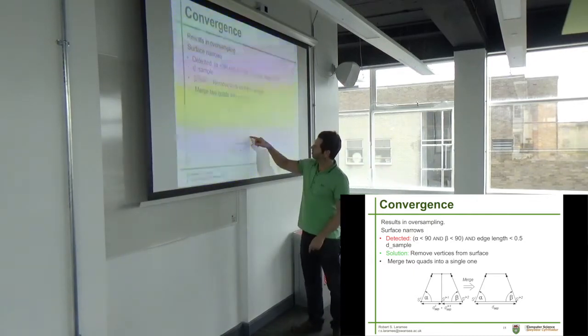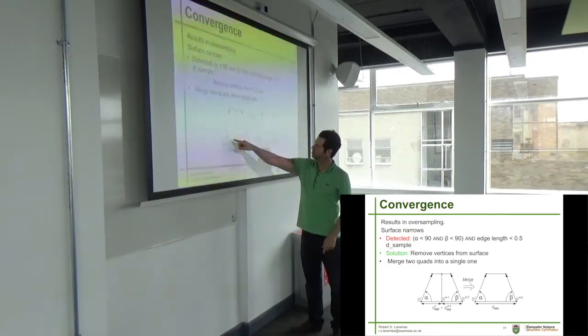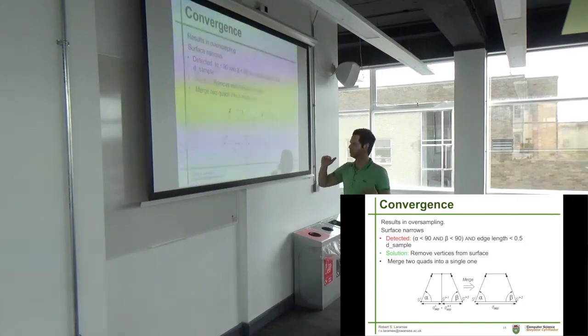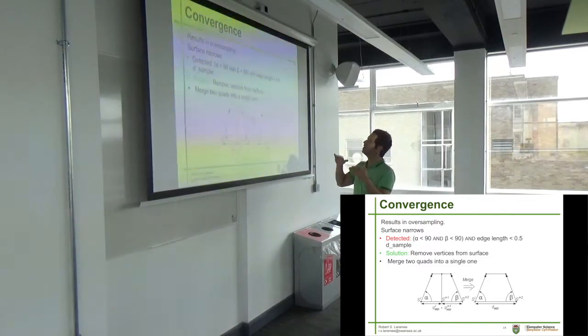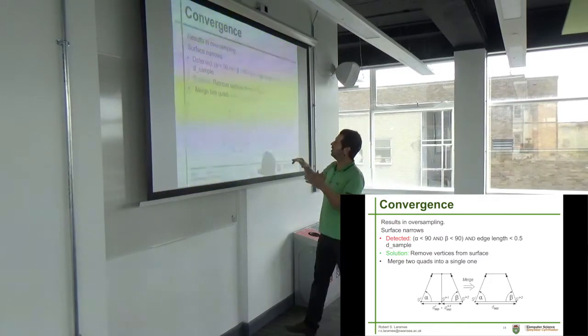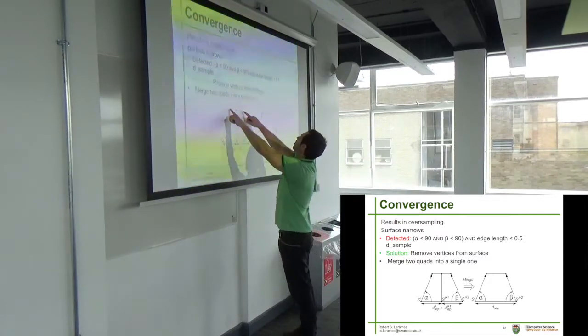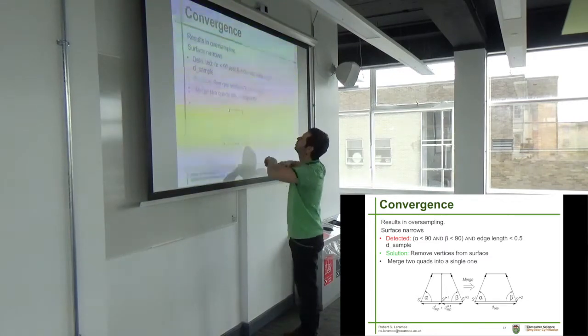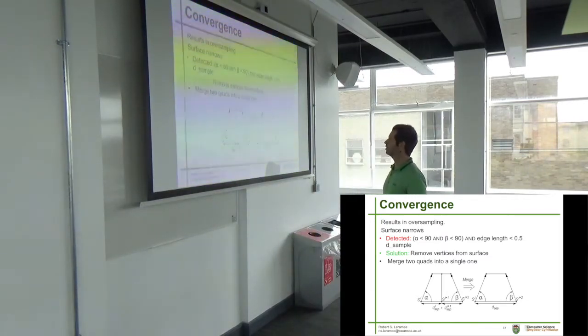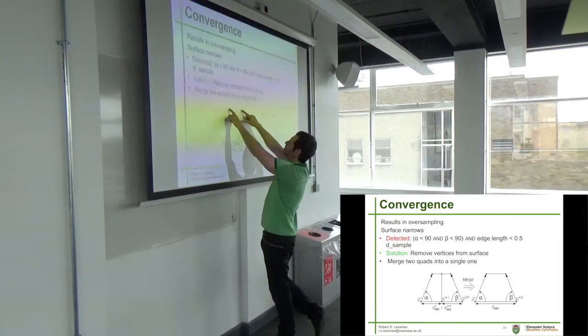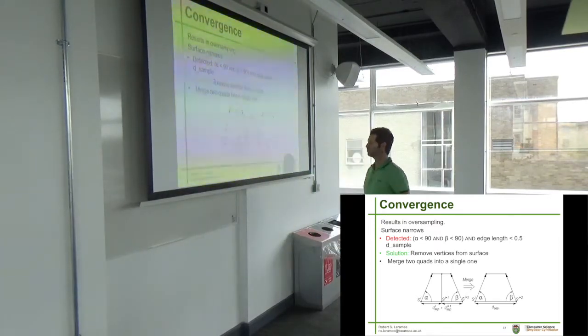This is 90 degrees, a right angle. So you can see that alpha and beta in this case are less than 90 degrees. And this edge length here is less than half of D sample. So that's again the Nyquist limit.